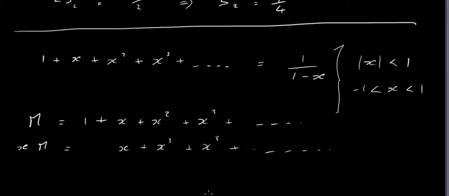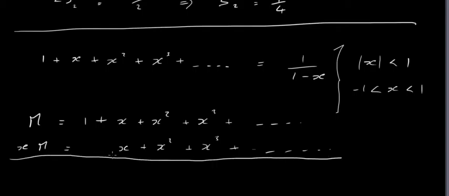Okay, so let's subtract now. So what I'm going to do is take m minus xm. So I'm going to take the top line and I'm going to subtract the bottom line.